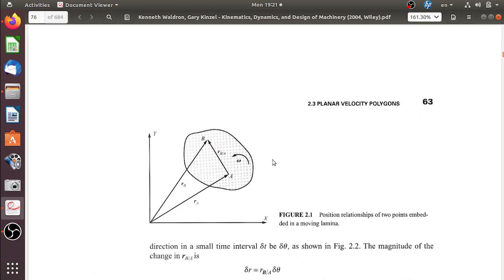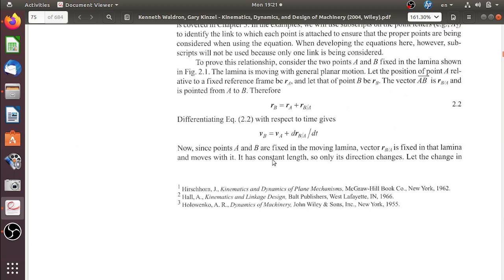Now let me take a time derivative of this equation, and what do we get? We will get VB, which represents the velocity of point B, and similarly VA represents the velocity of point A. That comes from the term RA, and this term we have written as it is. We are yet to calculate the form of this particular term.